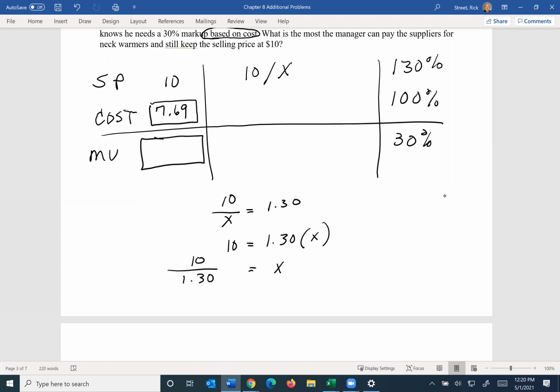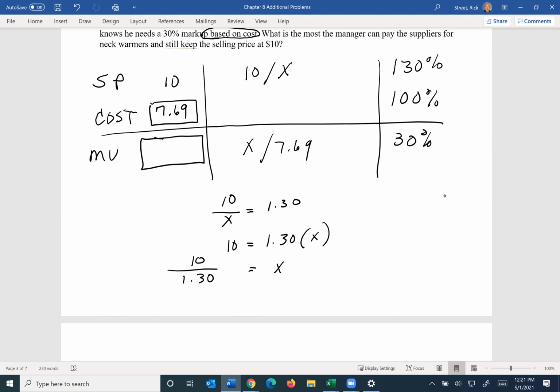Or we can do the calculation over here. We can take the 30% here, and we can figure out what the markup is now that we know what the cost is. So that's going to be $7.69 times 0.3.